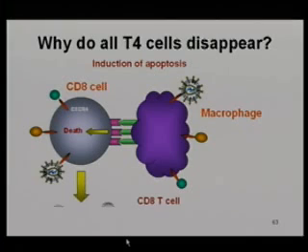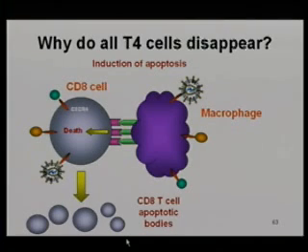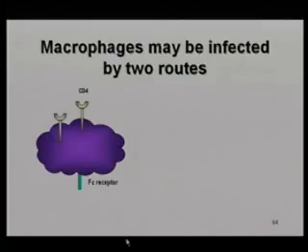The macrophage sends a death signal to the CD8 cell, which commits suicide. So it looks like the macrophages, when they're stimulated by HIV, can actually induce the other cells of the immune system, the CD8 cells and the CD4 cells, to give up the ghost and commit suicide. And that may be the explanation as to why so many of the CD4 cells go away, and in the later stages, the CD8 cells go away.